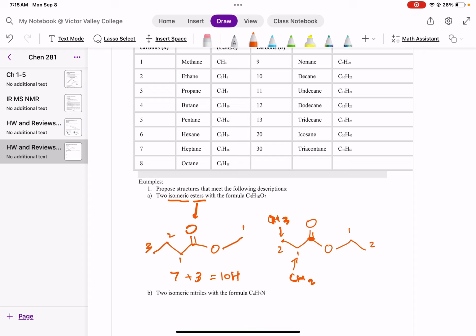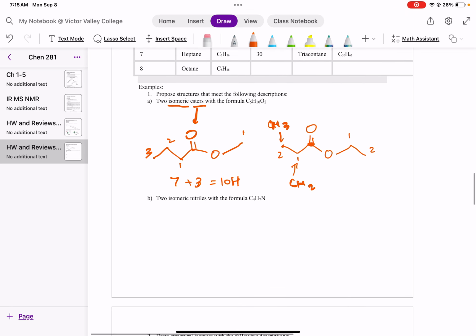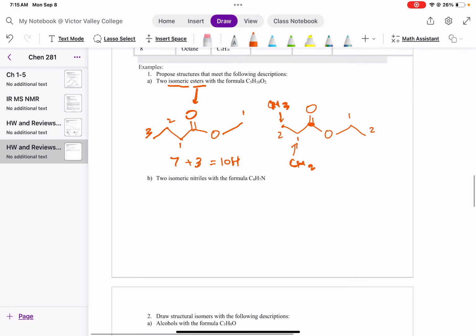So that's perfect. So we got 2 different esters. So always count the hydrogen and carbon and oxygens, so on and so forth, to make sure it matches with the formula given.